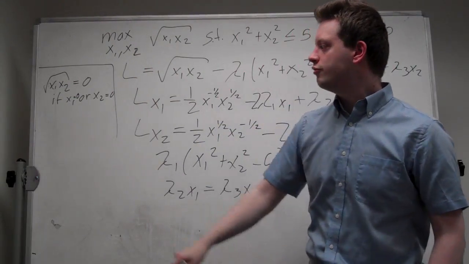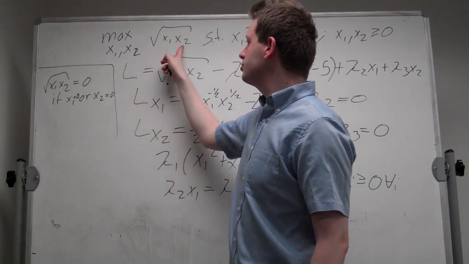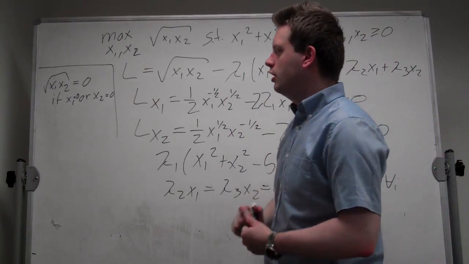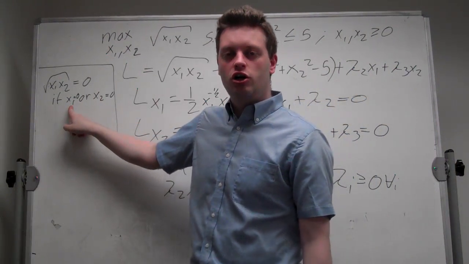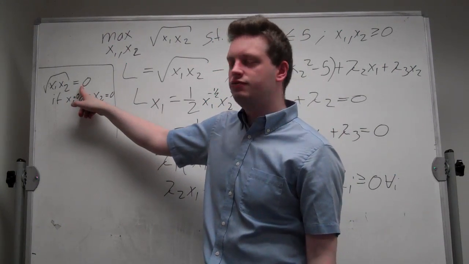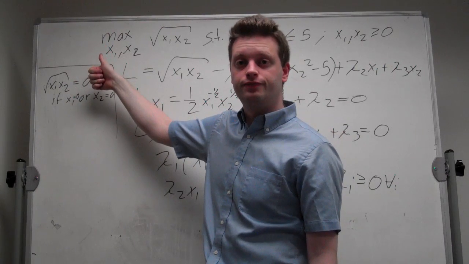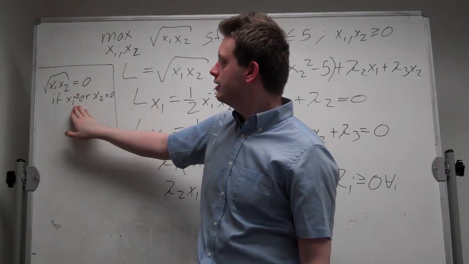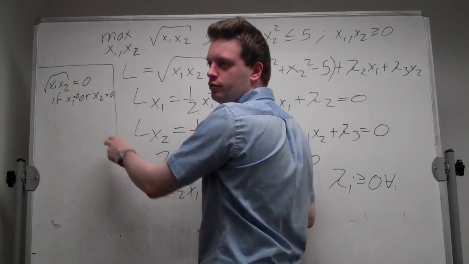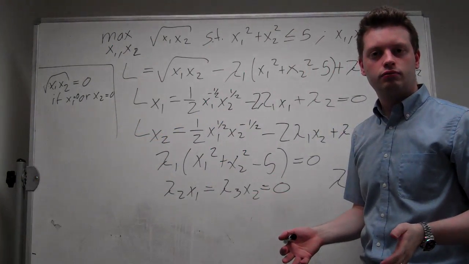So if either of x1 or x2 is equal to 0, this objective function is 0. Now let's assume one of the two is slightly larger than 0, then putting in a positive x2 will make this function value go up. This means that x1 equals 0, x2 equals 0 can never be a solution.